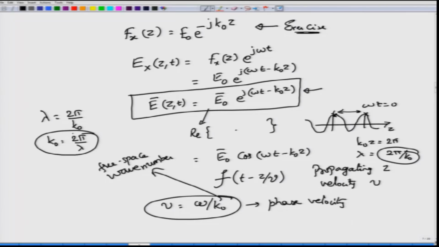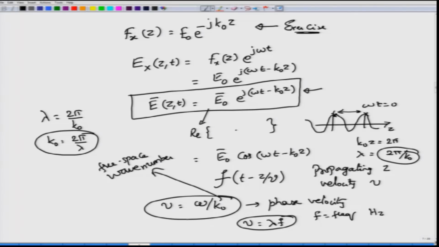Please remember that velocity is given by omega by k0, and k0 is given by 2 pi by lambda. Putting these two equations together, you see that v equals lambda f, where lambda is the medium wavelength, in this case free space, f is the frequency, and v is the velocity in free space.